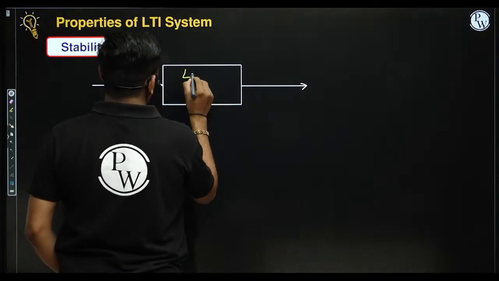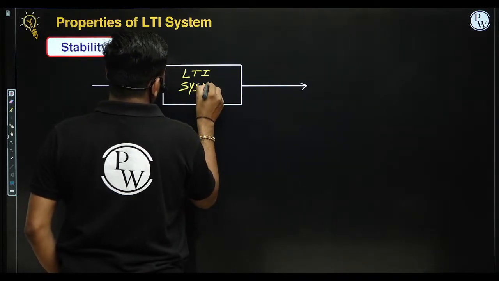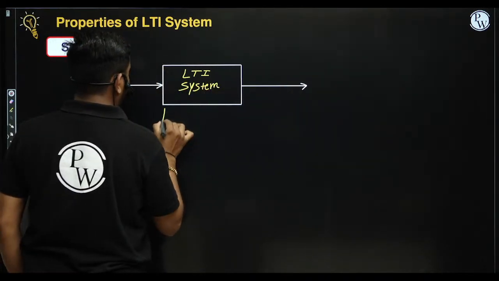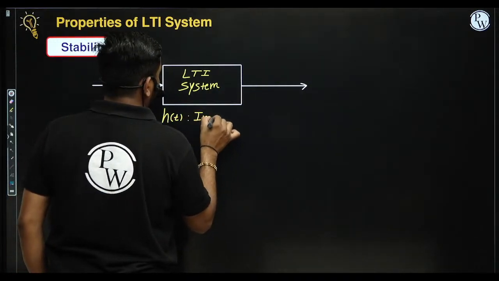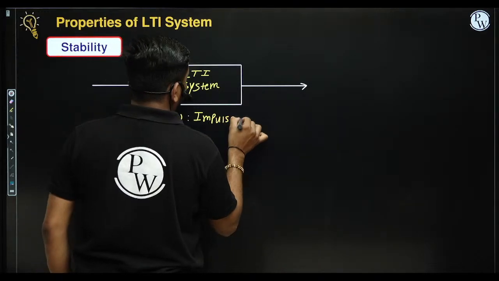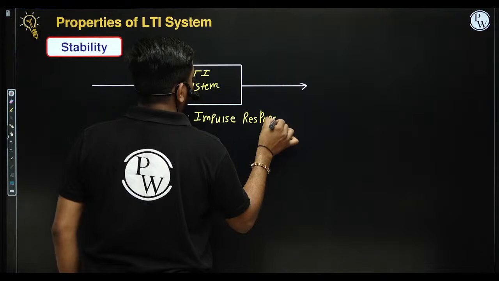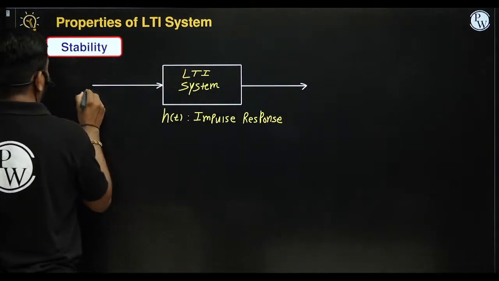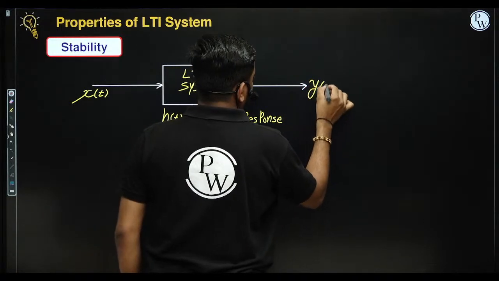This is a linear time invariant system, and this system is represented by its impulse response. So x of t is the input, and this is y of t.